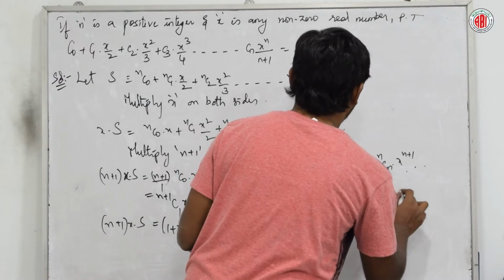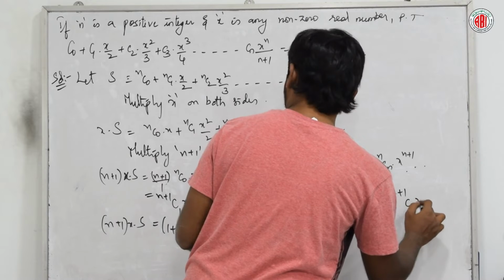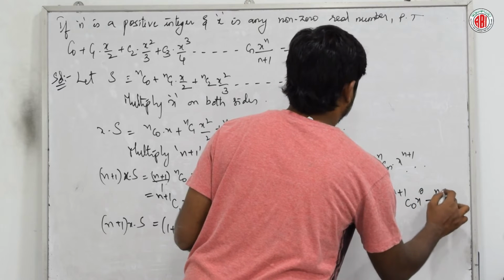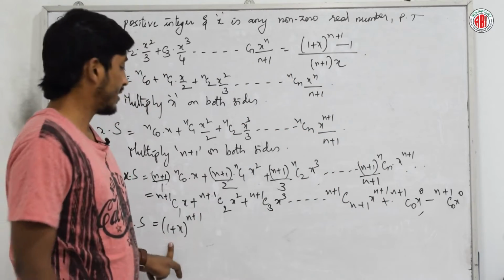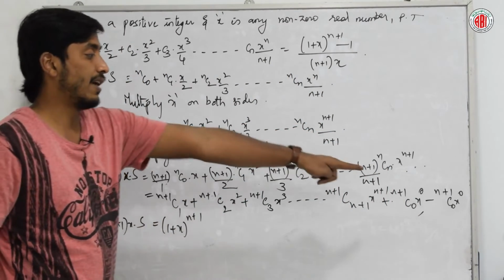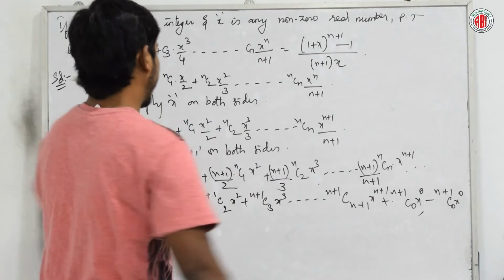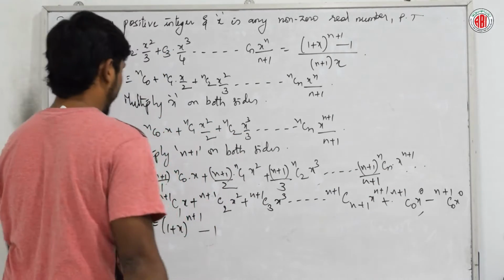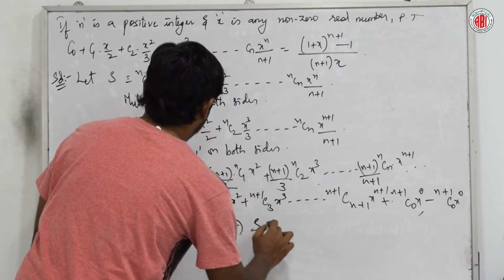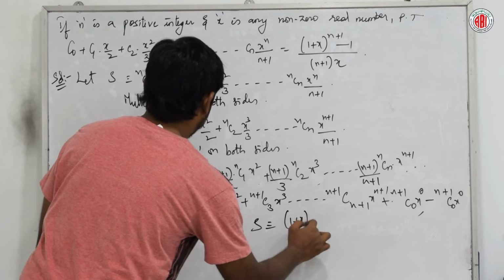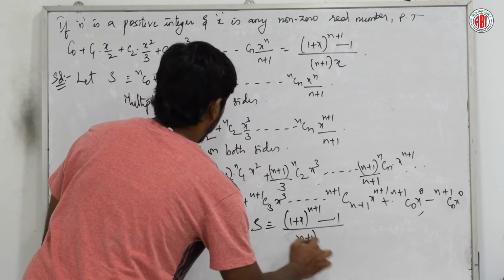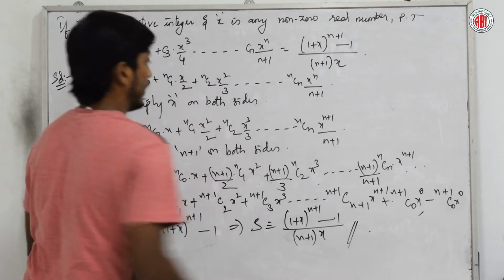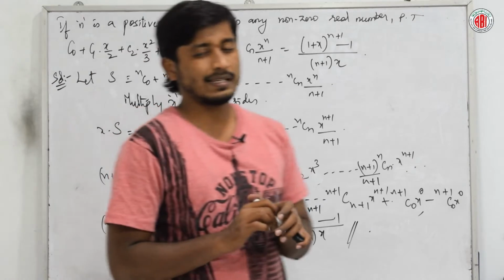So let me add n plus 1 C0 x power 0 and subtract n plus 1 C0 x power 0. Till here it is 1 plus x whole power n plus 1. What is left? n plus 1 C0, that is nothing but minus 1. So from this I can write S is equal to 1 plus x whole power n plus 1 minus 1 by n plus 1 into x. Clear? Is it simple or not?